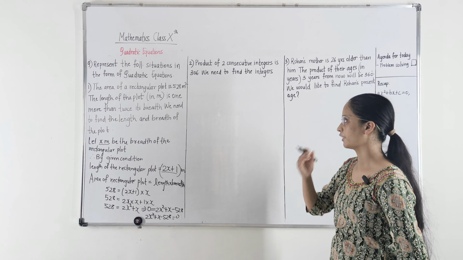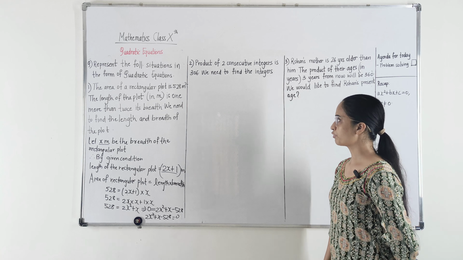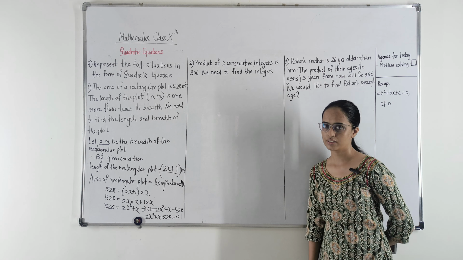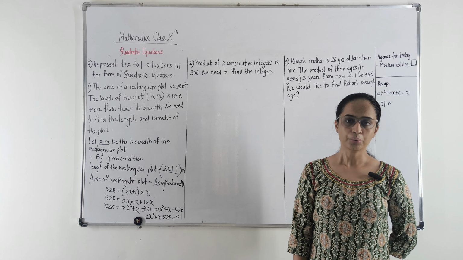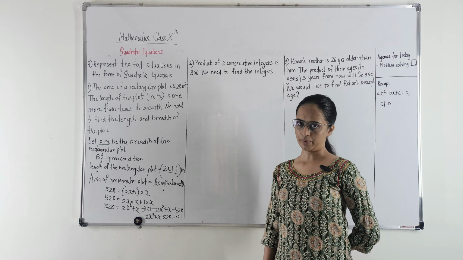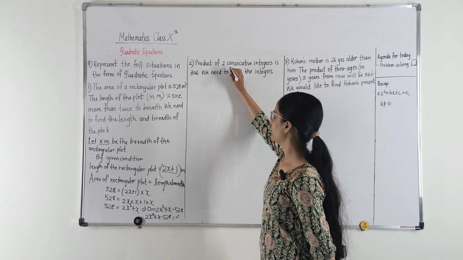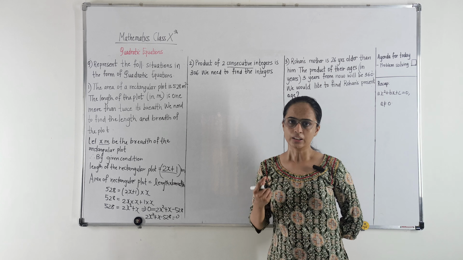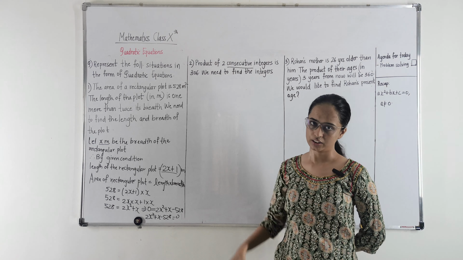Now let's start with the second one, which says that the product of two consecutive integers is 306. We need to find the integers. Sometimes it is very important to note the keywords that are given in the question, and in this question the keyword is consecutive, because if they wanted they would have given just the sentence product of two integers.